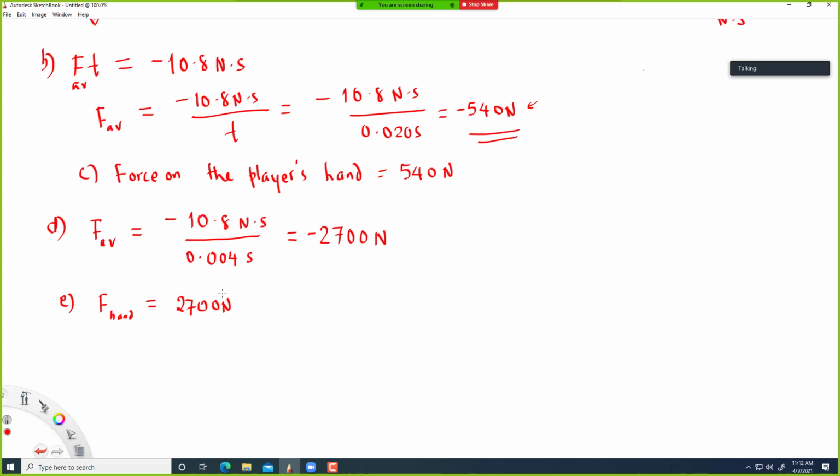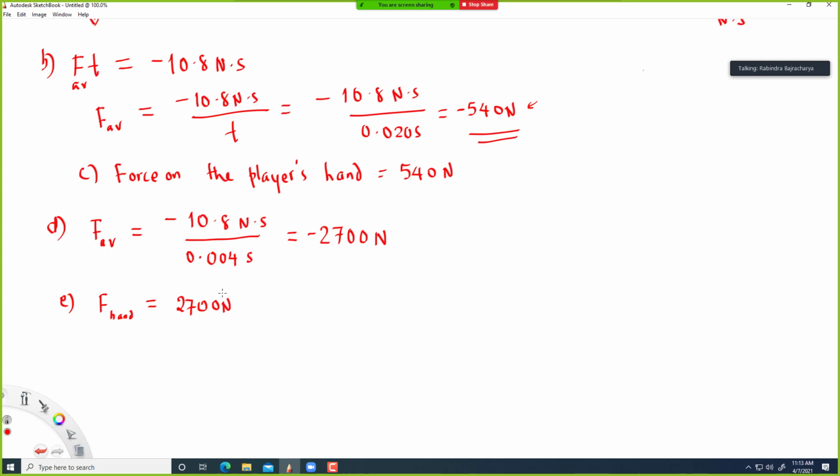On this two, it's asking for the force from the ball to the player's hands on both. How much force? Okay, so I think there is a typo on that question. Part D is how much force the hand needs to exert on the ball, and part E is the force on the hand by the ball.